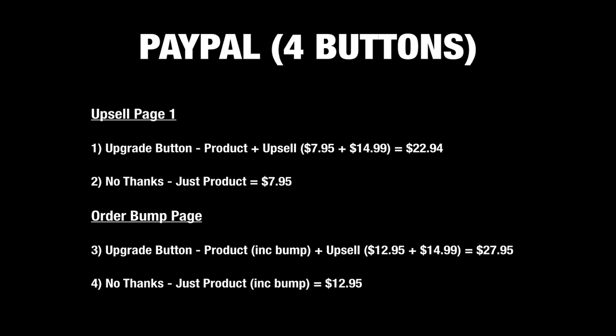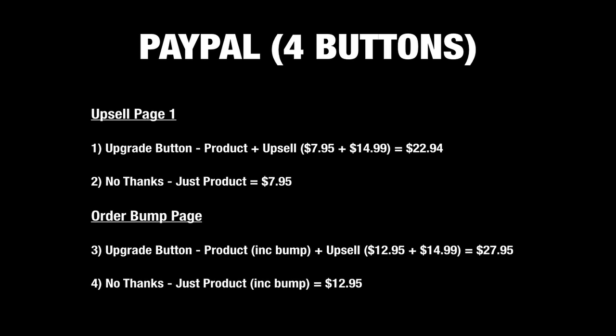Then if they decide that they don't want to upgrade, they just want the product that was on the front end product page, you need to create a button for $7.95, just for that front end product. So you can see the difference by being able to persuade the person to get the upgrade. You get an extra $14.99 in this example.